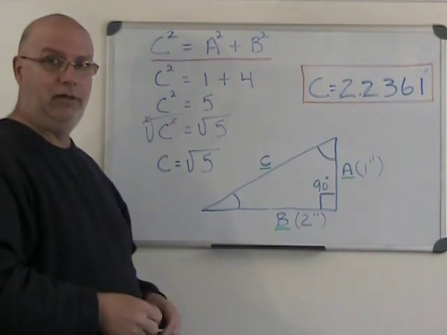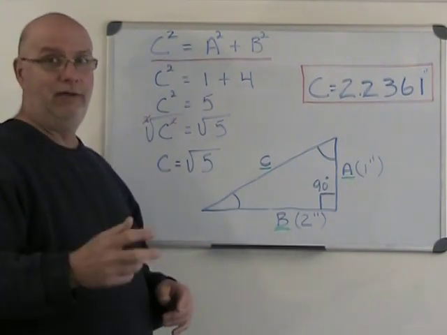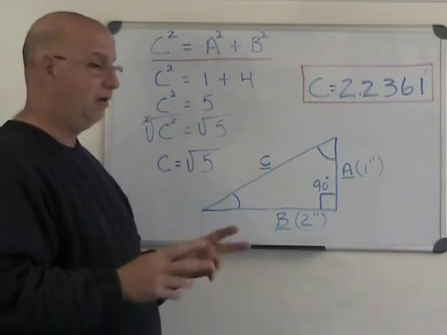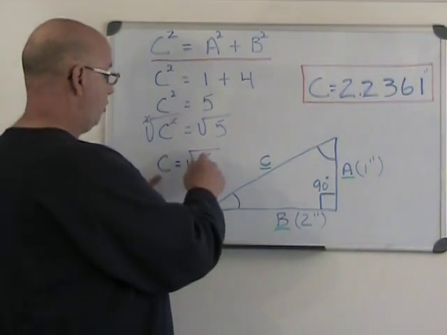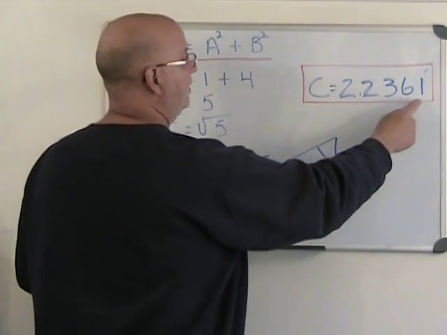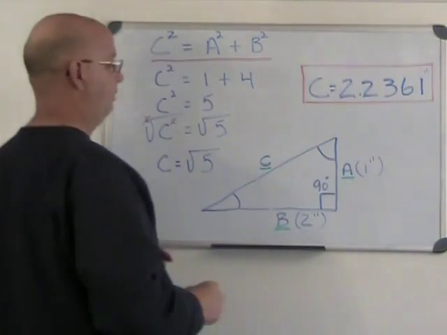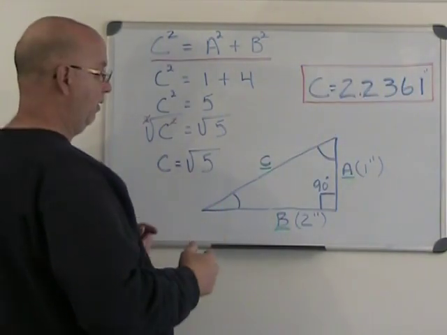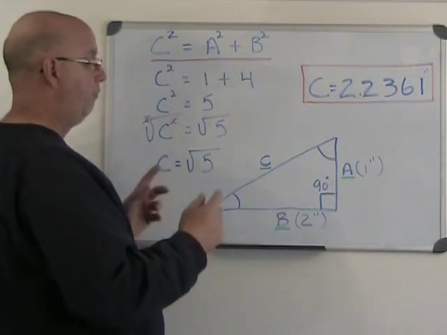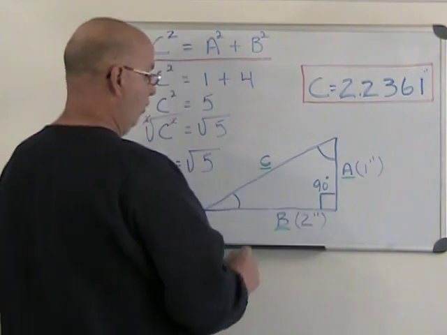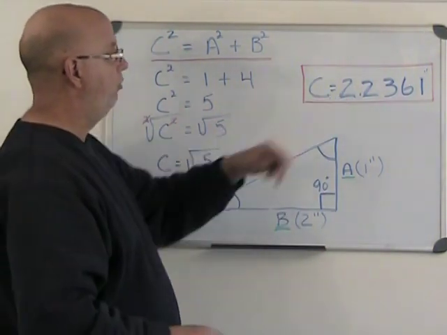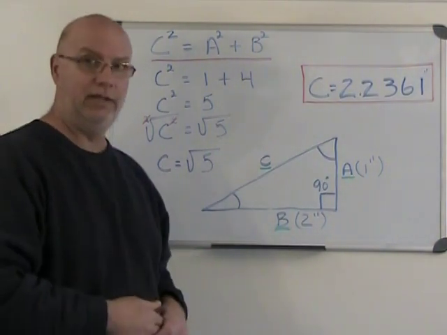C being the hypotenuse. Well, the square root of 5 is all fine and dandy, but I should resolve that finally to get a numerical distance. So if I take the square root of 5, it tells me that c is equal to 2.2361 inches. And that means that for a triangle, even if I don't know the angles except for this 90-degree angle, for a triangle that has one side at 1 inch and one side at 2 inches, my hypotenuse will be 2.2361 inches.